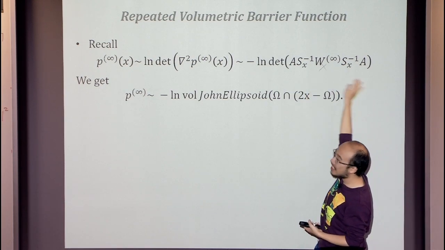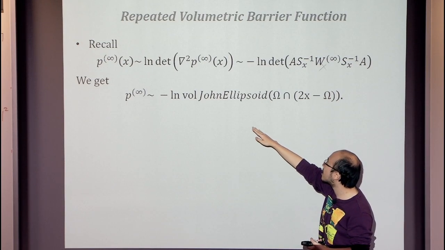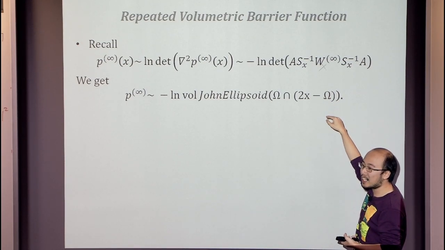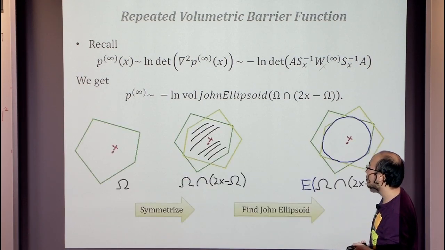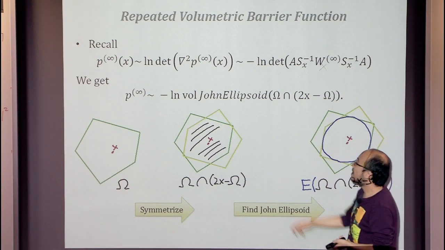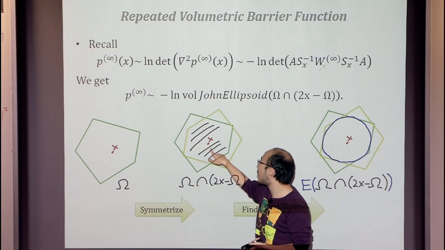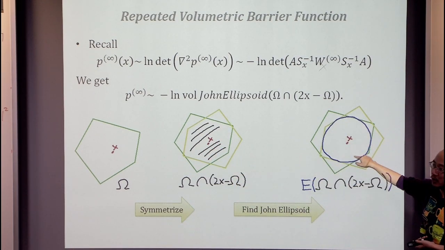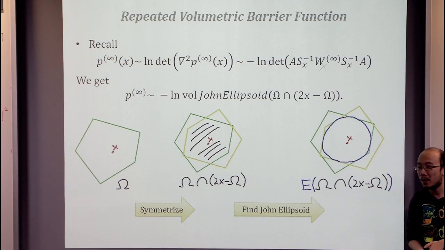That is the John ellipsoid. So the whole formula is just computing the John ellipsoid of the polytope S inverse Ax. You start with a polytope at a certain point x, symmetrize it at that point, compute the John ellipsoid of that intersection, and then compute the volume.